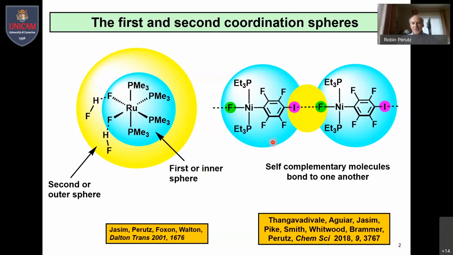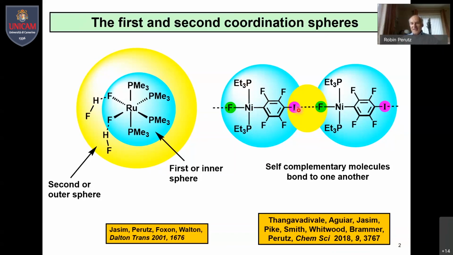Now, we can also have interactions in the second coordination sphere between 2 molecules if they are complementary to one another. So at the right, I've drawn 2 complexes with nickel fluorine bonds, and this benzene ring has 4 fluorines and most importantly an iodine on it.